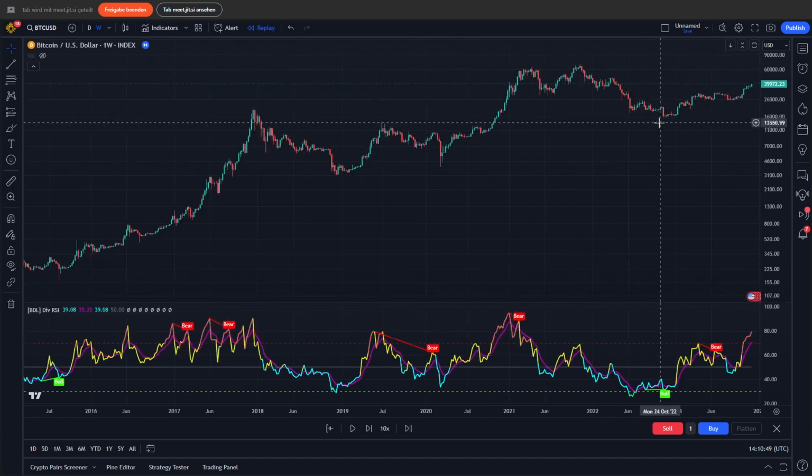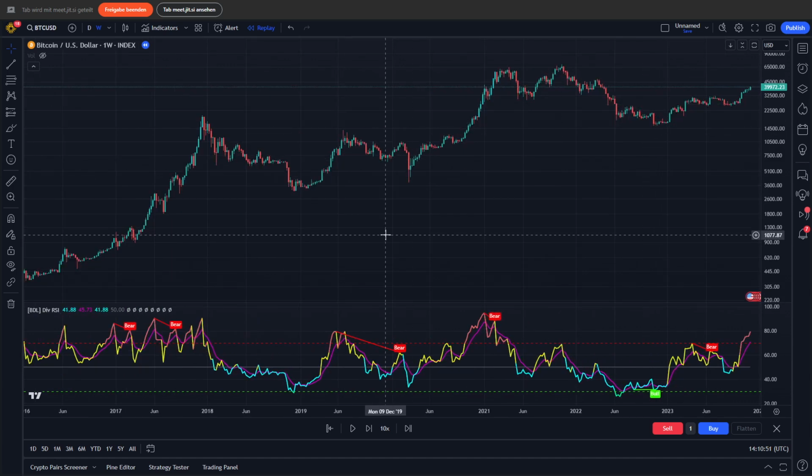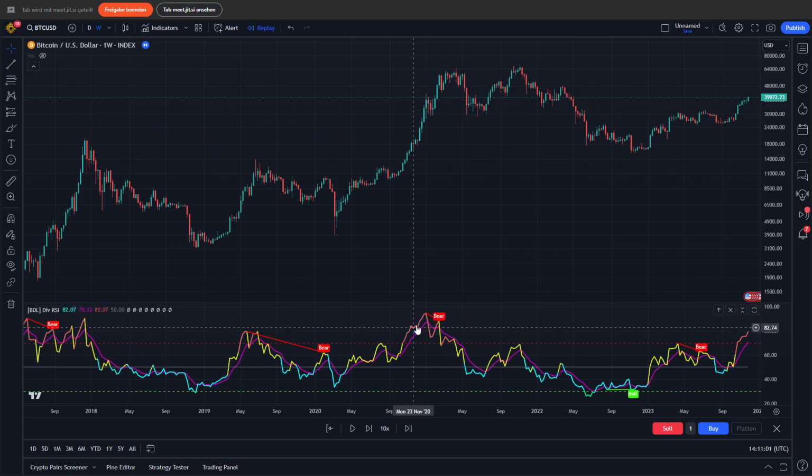Yes. We are using three different colors in the RSI: the red color, the yellow color, and the blue color. It's like that even if you look at the weekly chart. Let me explain.